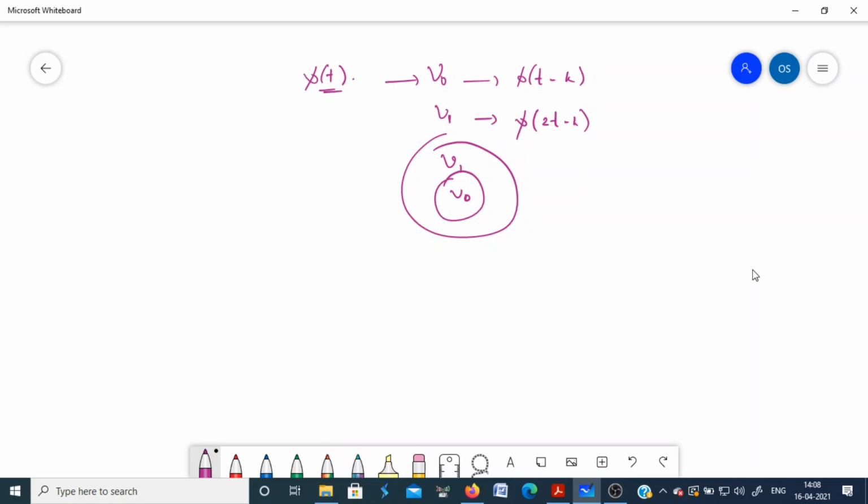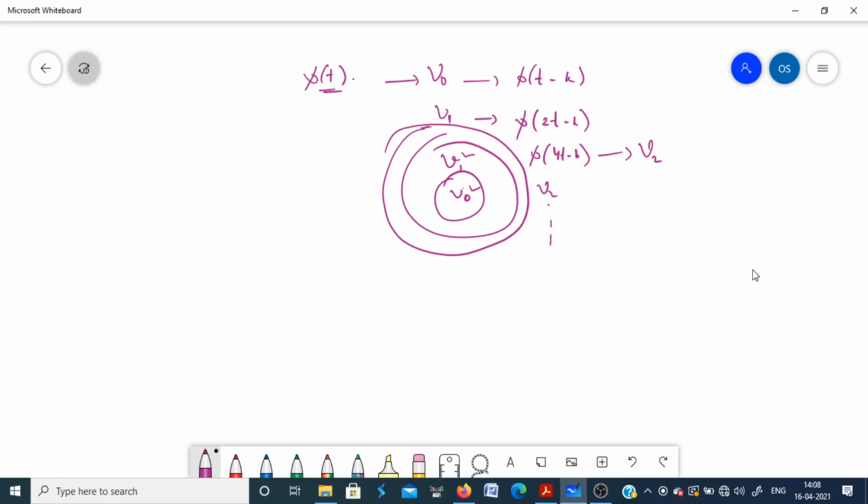Similarly, if you go to higher scales, phi of 4t minus k has a space V2, so this will again contain all those signals which are in V1 or V0. Apart from this, it can also generate some other functions which may not be in V1 and V0. Like this, you can cover the entire space of L2 functions, square integrable functions.